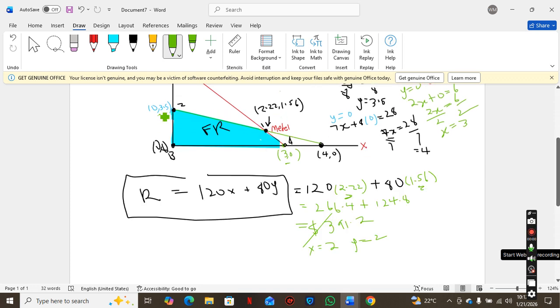If we test point 2 here, where x is 0 and y is 3.5, we bring that into this equation. 120 and x is 0 plus 80, y is 3.5. 120 times 0, that is 0. 80 times 3.5, you get $280.